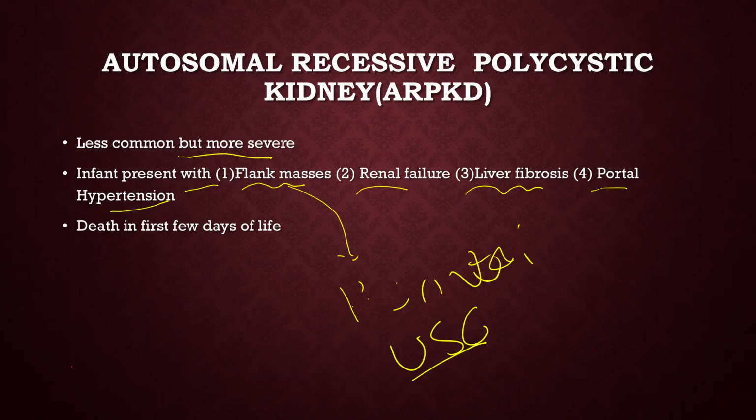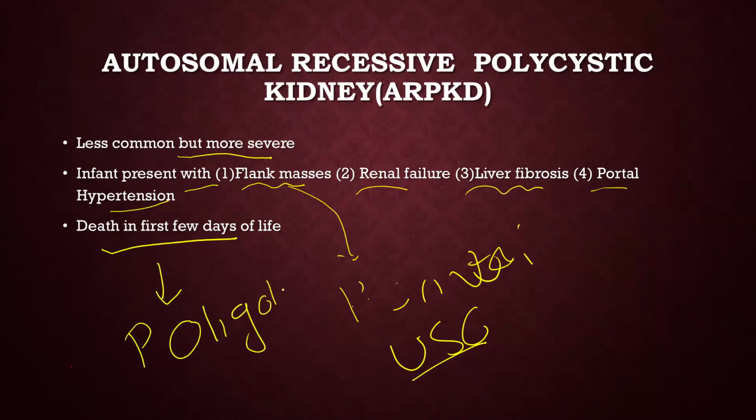In the first few days of life, oligohydramnios leads to Potter sequence. Bilateral renal agenesis is typically the Potter sequence, and that is the cause of death of this child.